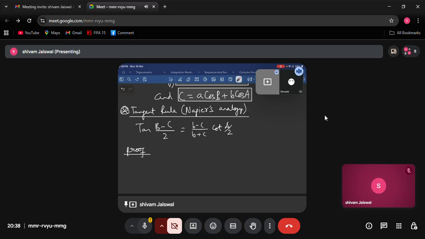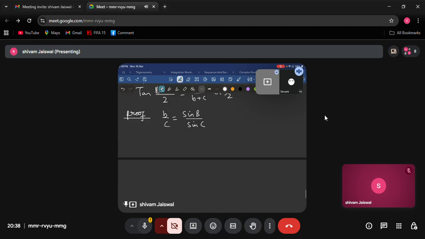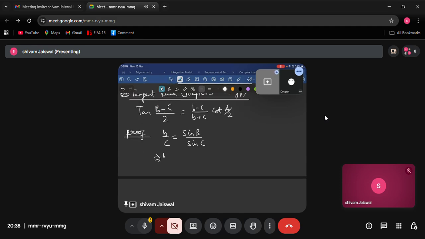So first of all, I'll write down the ratio B by C. B by C is equal to sine B by sine C. Applying dividendo and componendo, (B minus C) by (B plus C) is equal to (sine B minus sine C) upon (sine B plus sine C).